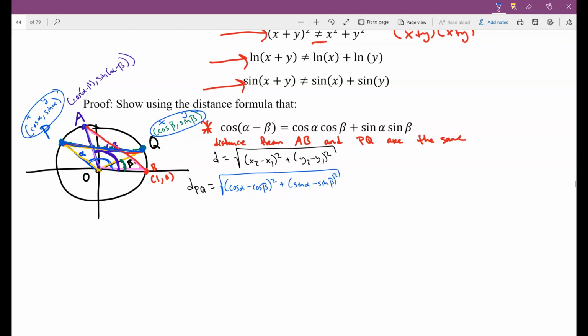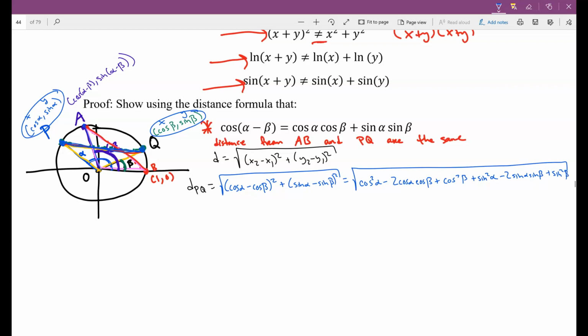Now we're going to FOIL all this out, so we're going to have a big fat mess. Let me write the square root because it's going to be a long thing. When I FOIL all this out, this is basically what I'm going to have: cosine squared alpha minus 2 cosine alpha cosine beta plus cosine squared beta plus sine squared alpha minus 2 sine alpha sine beta plus sine squared beta.